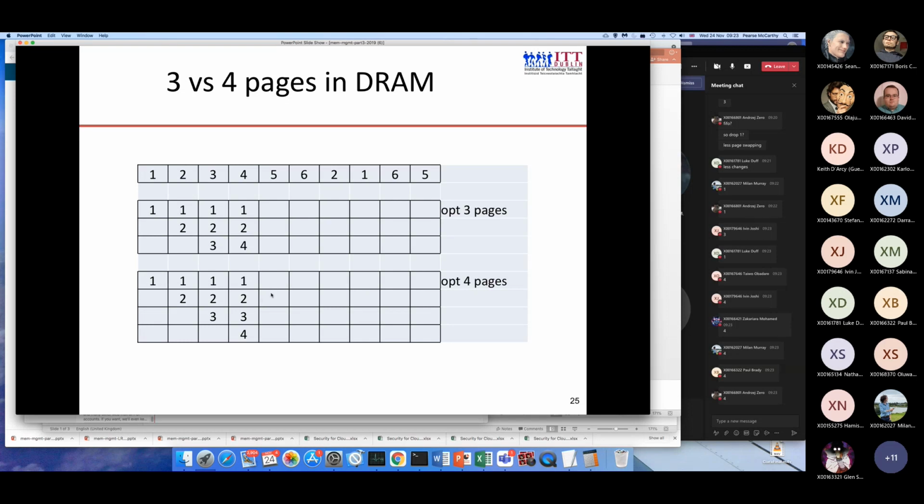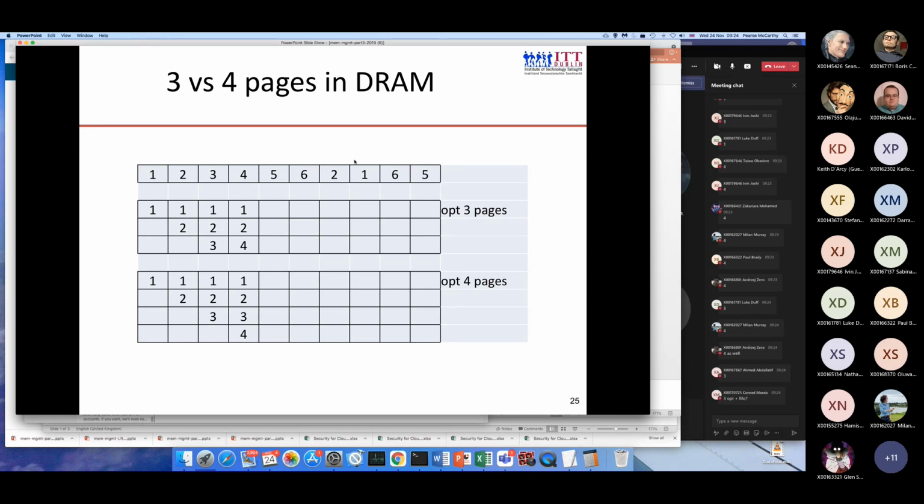Now this one, I have 4 choices. I need 5 to come in. Which one will I get rid of here? Luke says 3. Okay, we have a nice difference of opinion here. So let's work through it. We have 1, 2, 3, and 4.